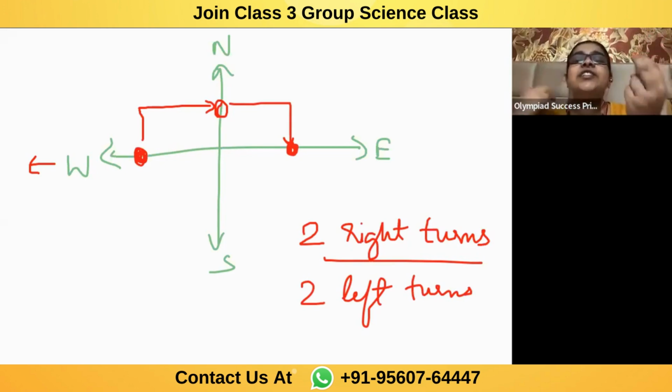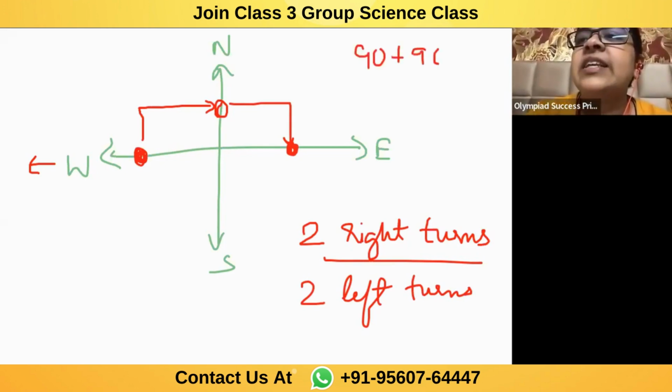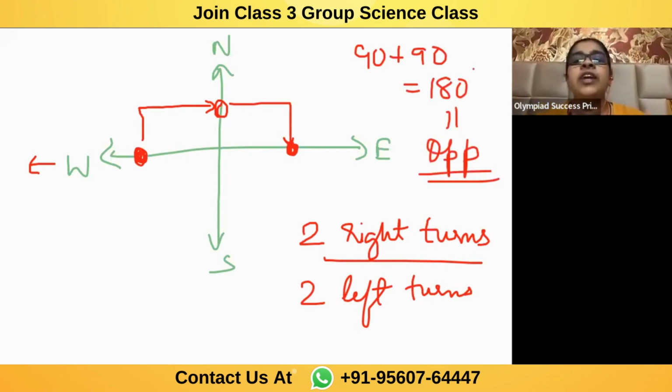So 2 right turns or 2 left turns is nothing but 90 degree plus 90 degree, which is equal to 180 degree. And 180 degree always means the opposite direction. So if you're taking 2 right turns from any position, that will take you to the opposite position, no matter you're traveling clockwise or anti-clockwise.